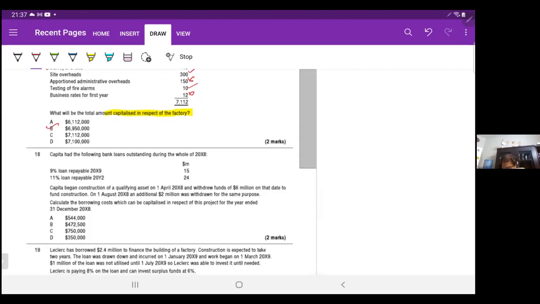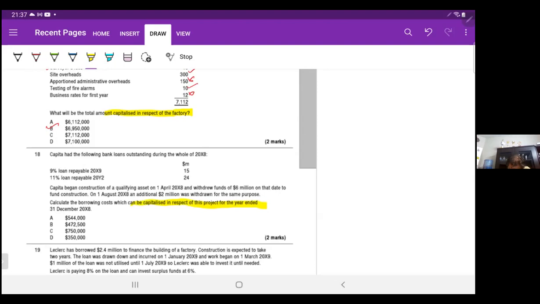Capita had the following bank loans outstanding during the whole of 20X8. A 9% loan prepayable in 20X9, and an 11% loan payable in 20Y2, and we have to calculate the borrowing cost which can be capitalized in respect of this project for the year end.